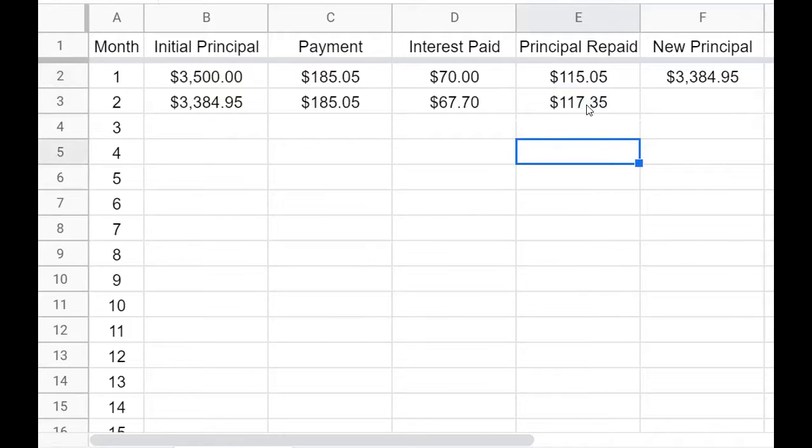So in the second month, she's going to be able to pay off $117.35. And as a result of that, at the end of the second month, now she only owes $3,267. So she hasn't made much of a dent in the first 2 months of her loan, but at least she's on her way to paying off that loan.